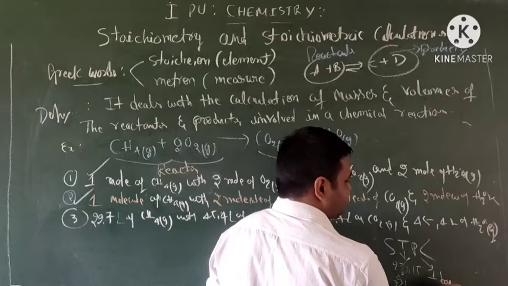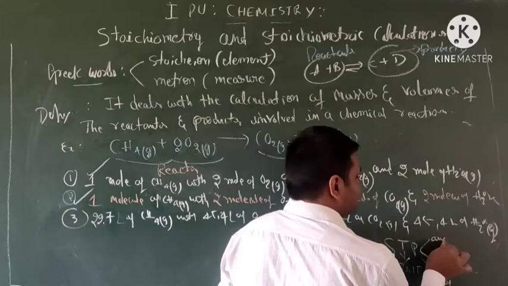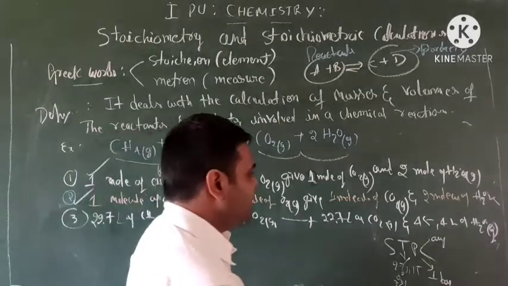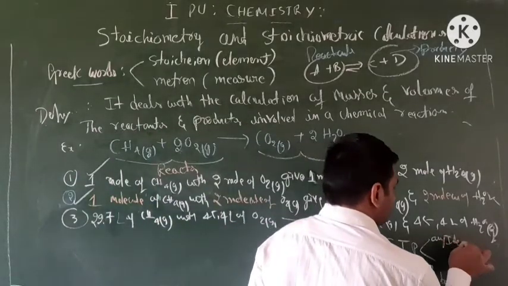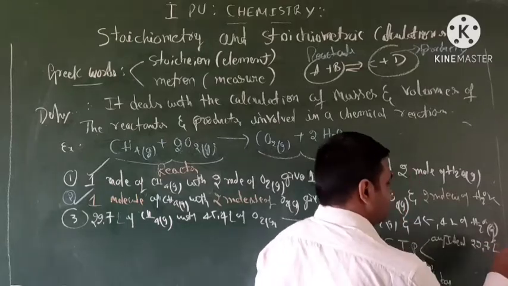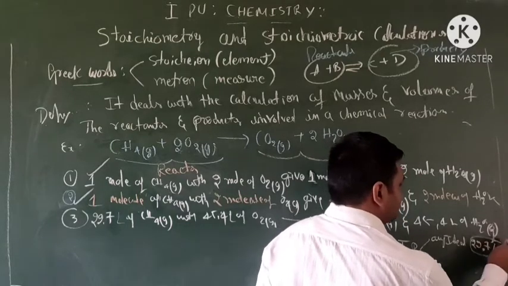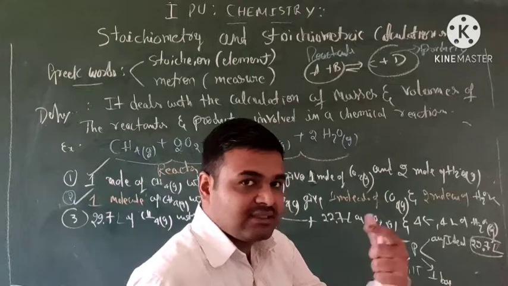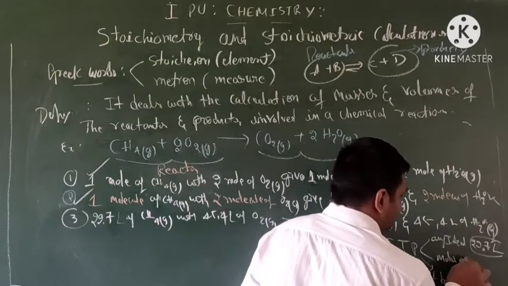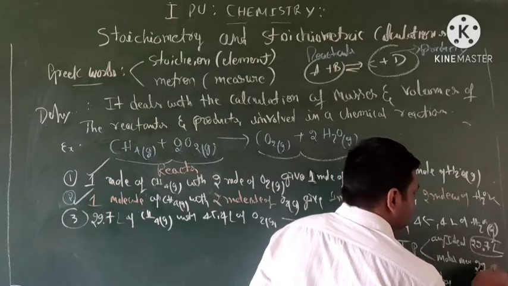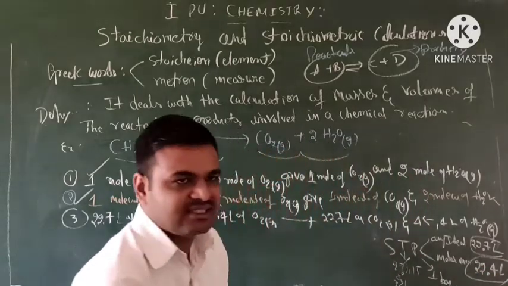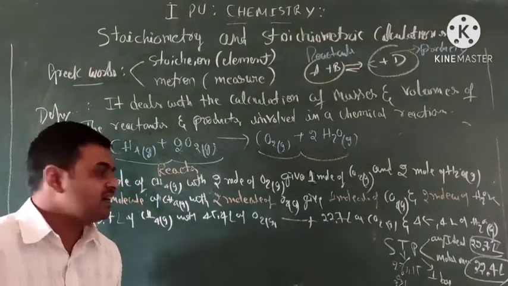At STP, the volume of any ideal gas is 22.7 liters. In the molar concept, you write 22.4 liters. This is the difference between 22.7 and 22.4.